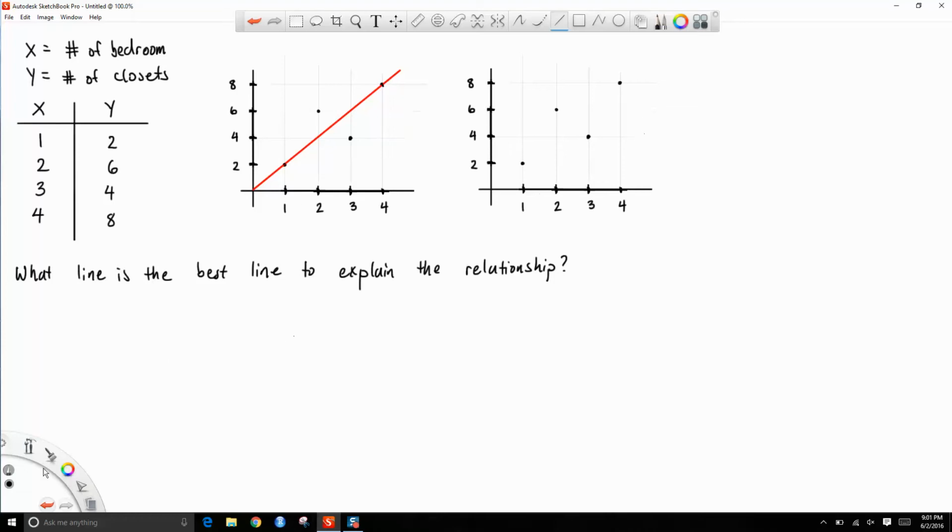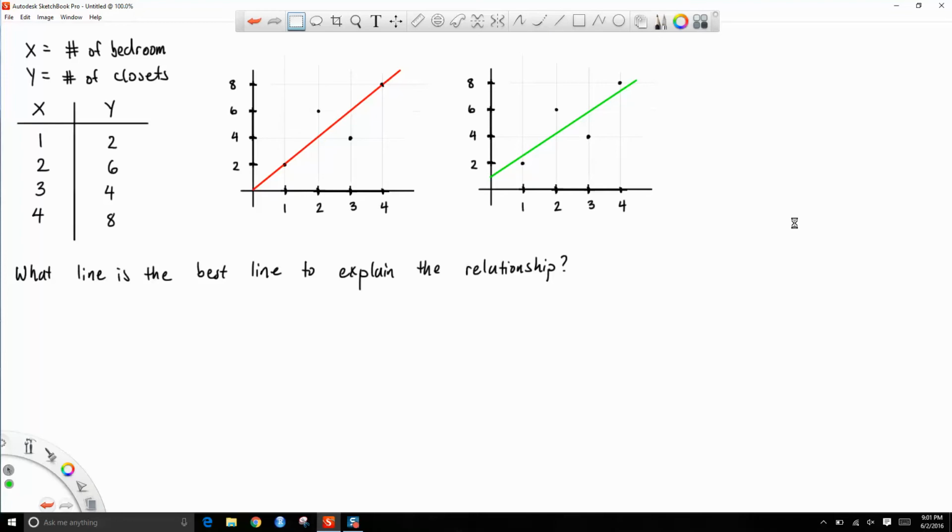One candidate line is the red line, and the other candidate line is this one right here. That one. And we're trying to decide which line is better.